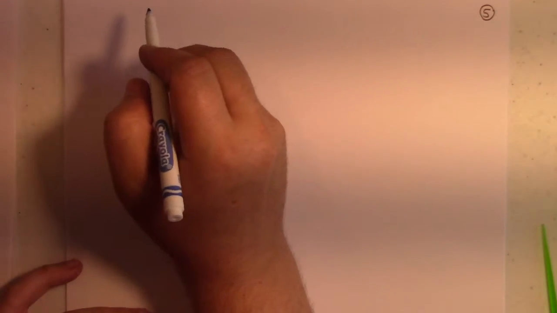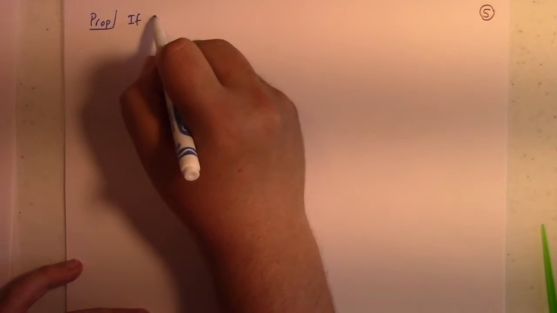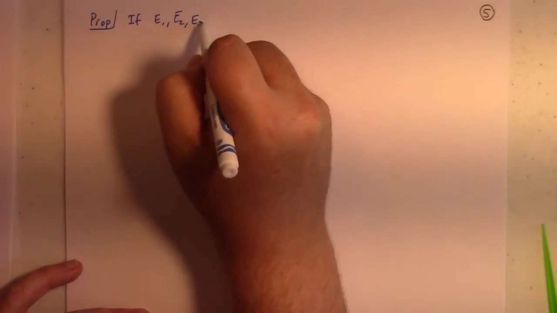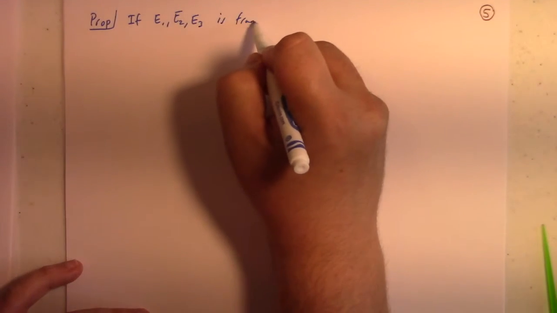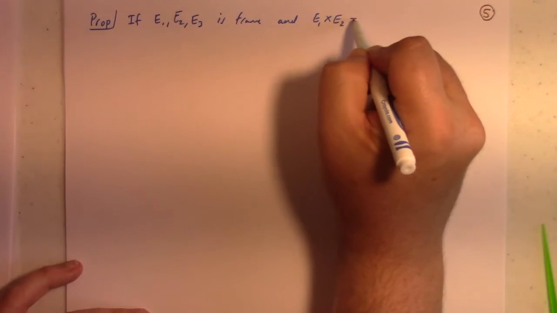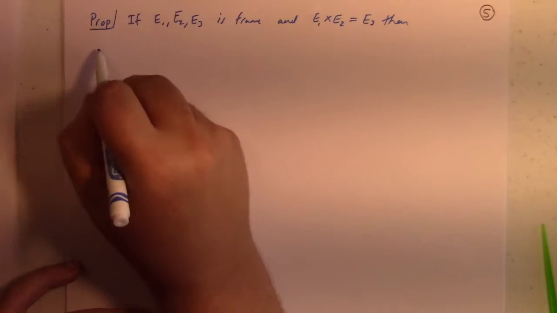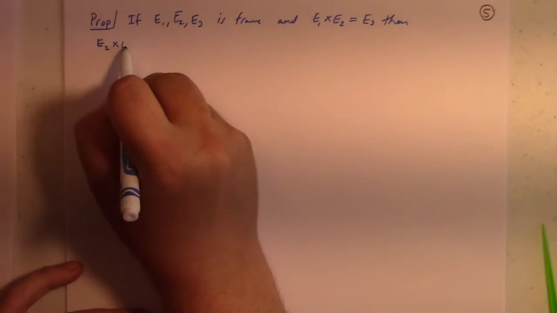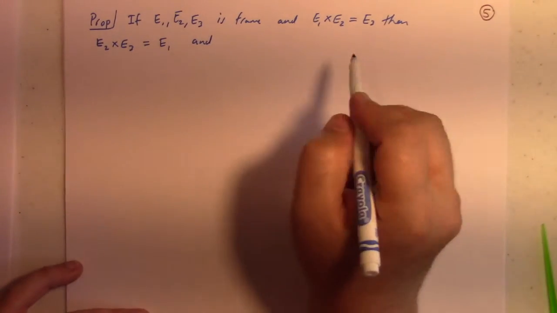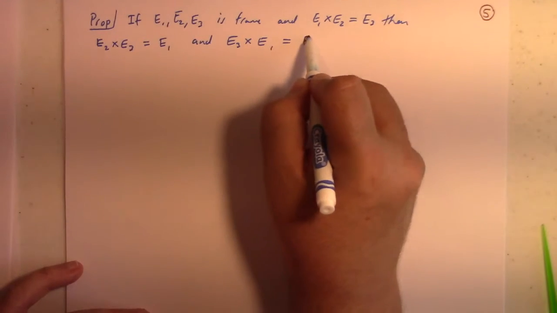Okay, so here's another proposition, a little bit easier to work with. If E1, E2, E3 is a frame, and E1 cross E2 is equal to E3, then you also have that E2 cross E3 is equal to E1, and you also have that E3 cross E1 is equal to E2.